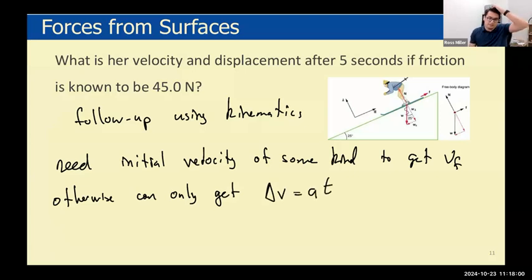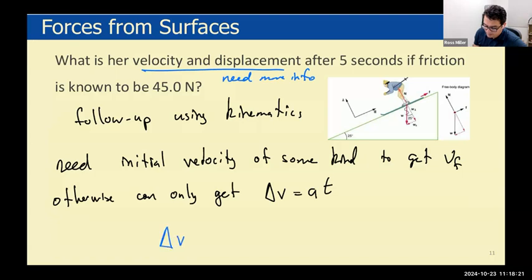So what I want to point out is you have to be given an initial velocity if they're already moving, which is what was told. So it's like, oh, not enough information to answer this question. So I need more information.